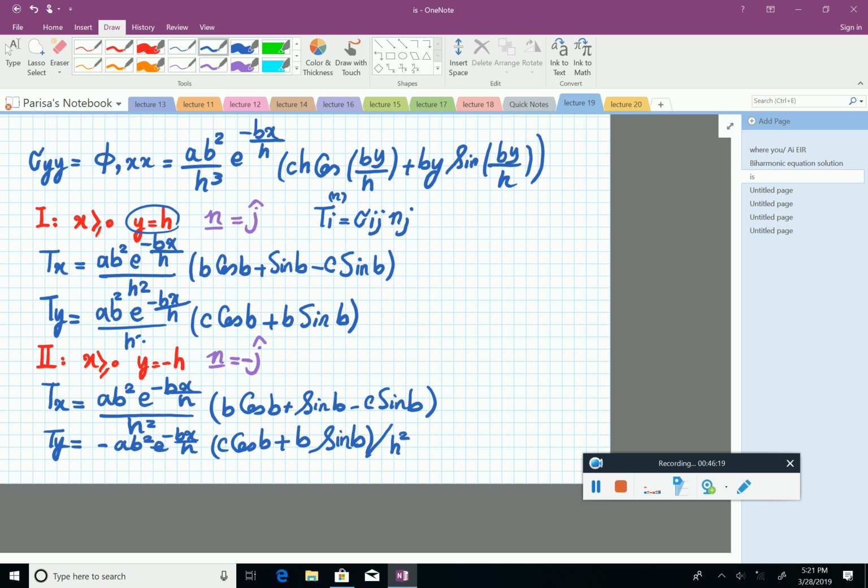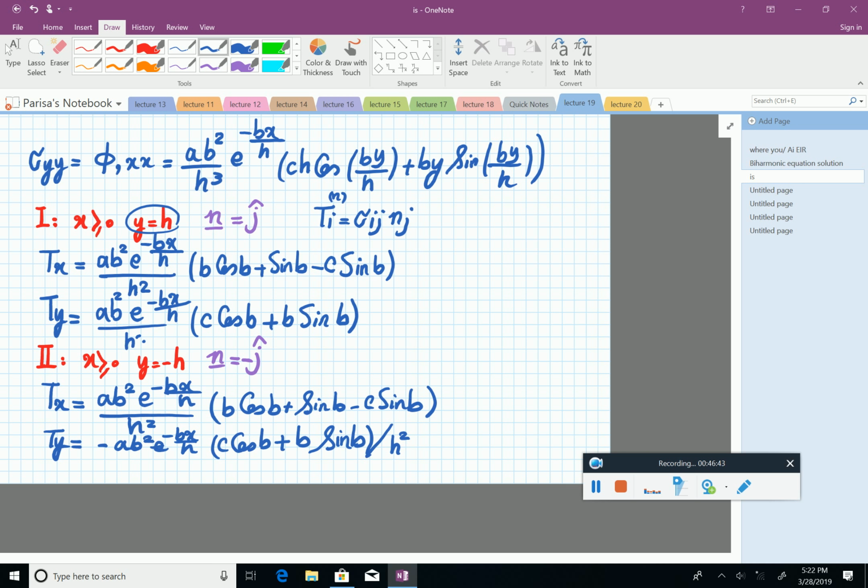Tx and ty have to be 0, right? You agree? Look at both boundary number 1 and 2. The exponential cannot be 0 for all x. This is not possible. So what has to be 0 is what is in the parentheses. Isn't that the same for both boundaries?